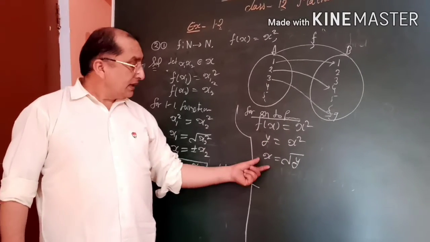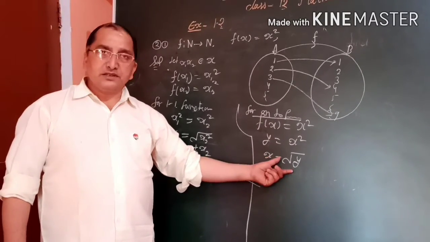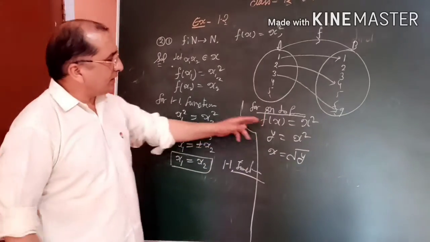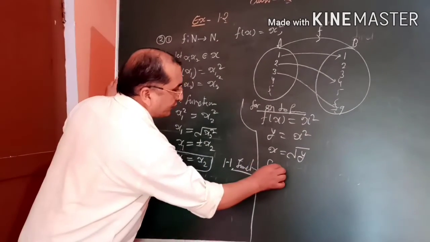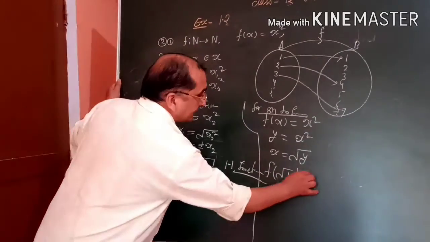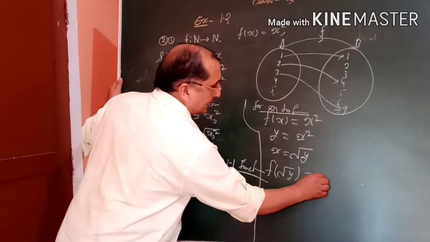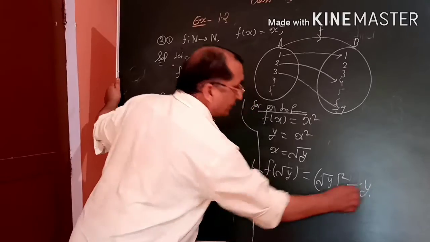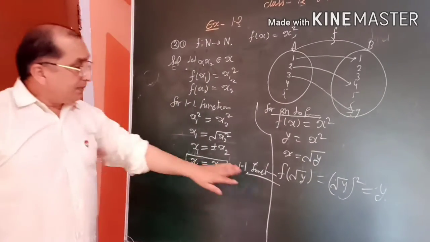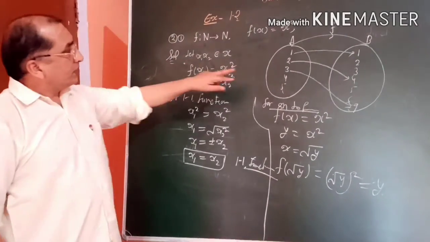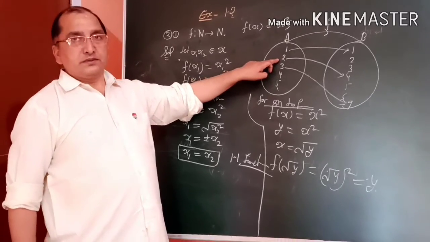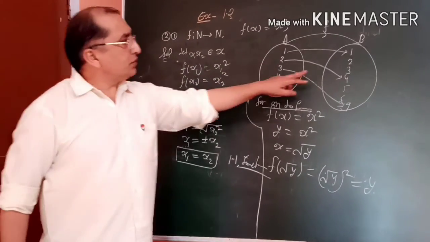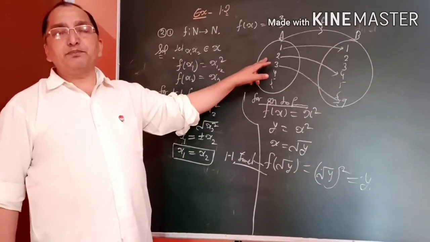So x square equals y, x means root y. We can put this here: f of root y equals root y whole square, which will come y. It should be 1, but we know that root of 2, what is the root 2? We don't have any preimage.